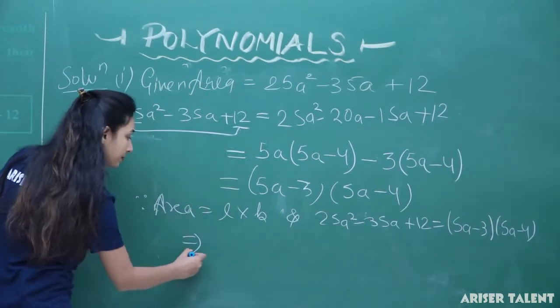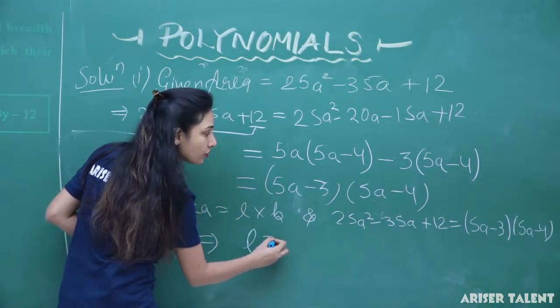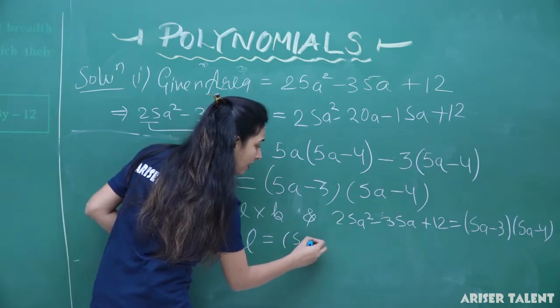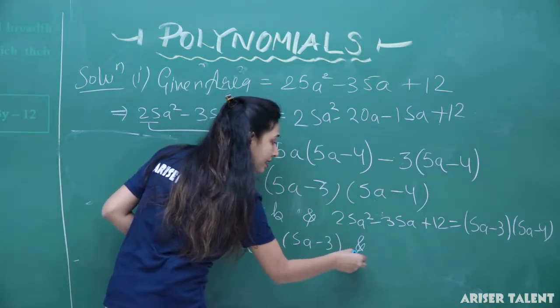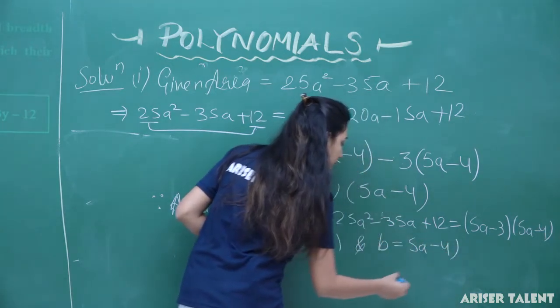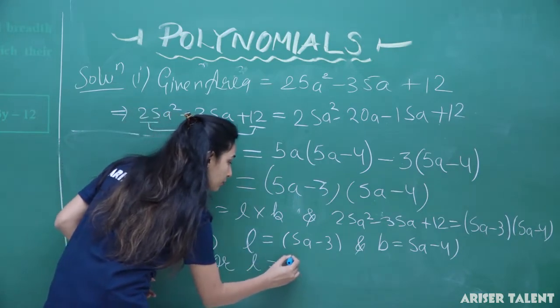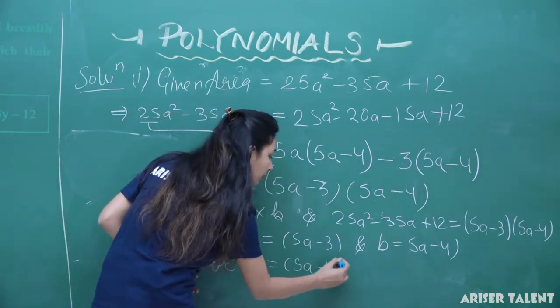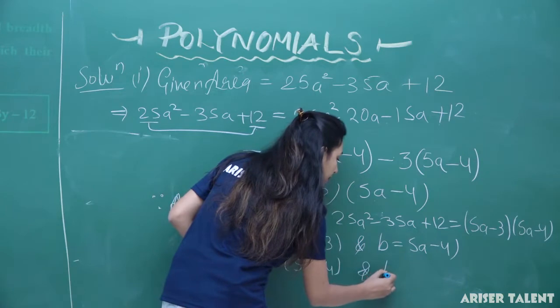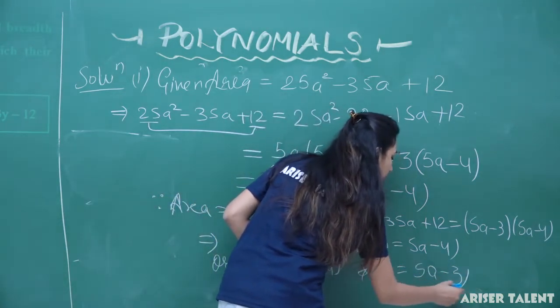This implies that L equals 5a minus 3 and B equals 5a minus 4, or L equals 5a minus 4 and B equals 5a minus 3.